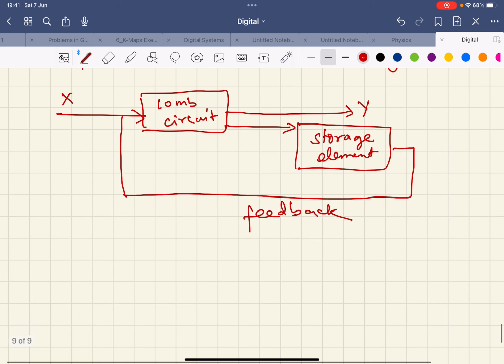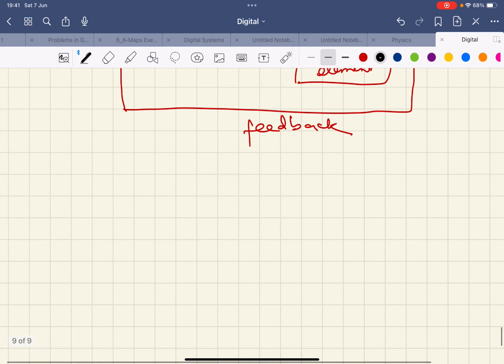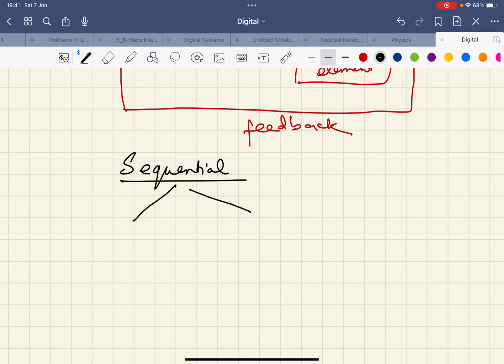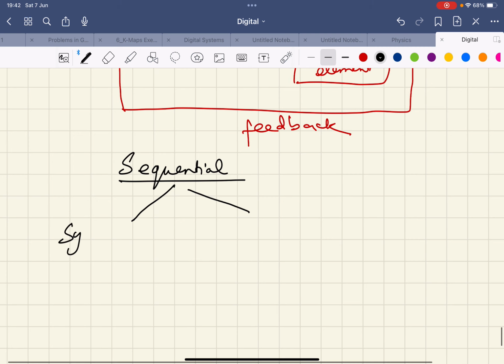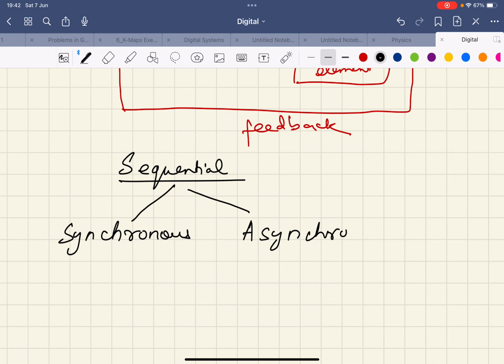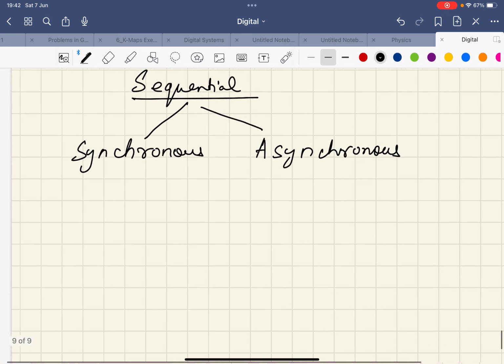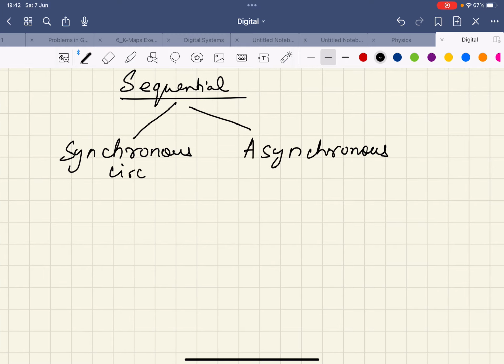And it goes back again. So the important thing is that a sequential circuit has two parts: synchronous circuits and asynchronous circuits.